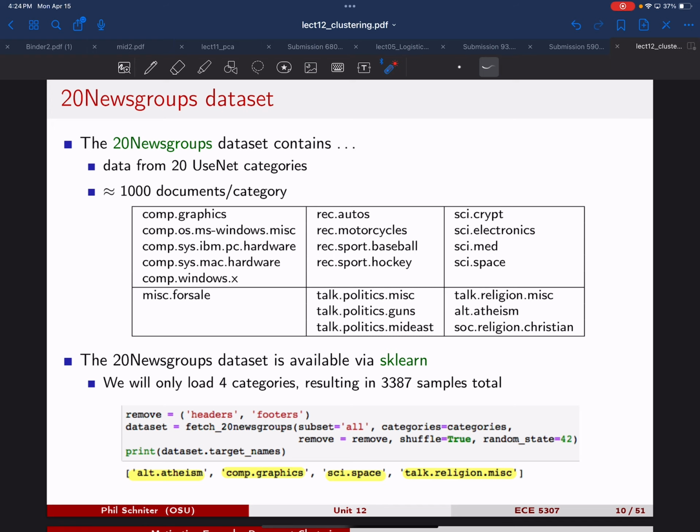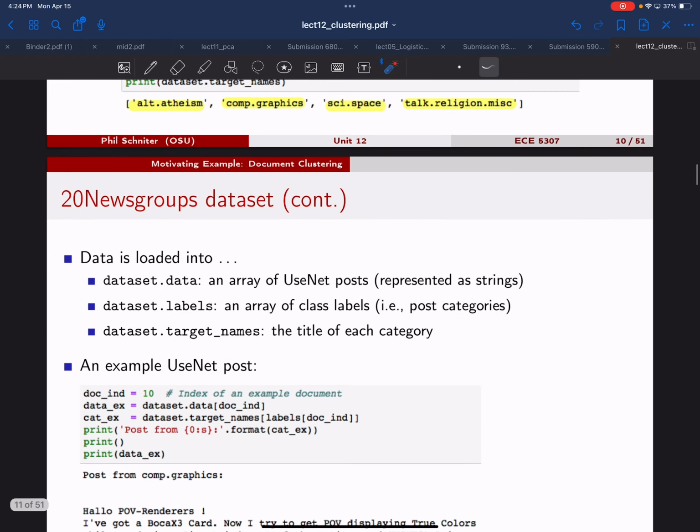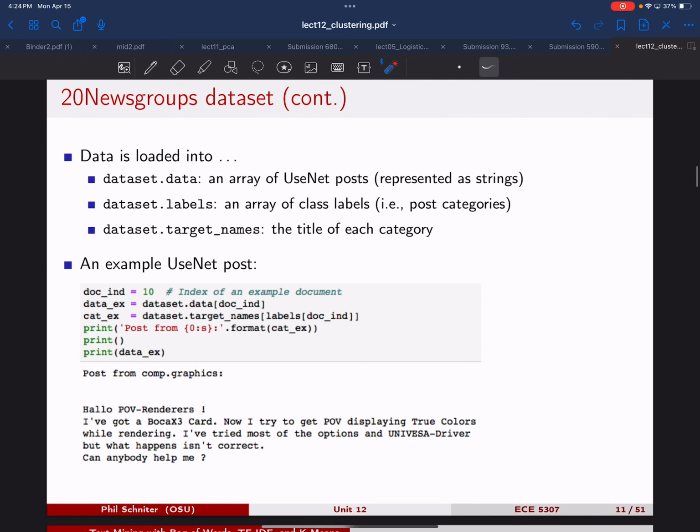So we'll see. Okay, so in terms of how the data is loaded, there's this dataset object. There's a data field, which contains an array of strings that are the posts. And then there's also a labels field that is the categories of the posts. So it's kind of like the targets, if you will, that we're trying to recreate without knowing what they are. And then also the titles of those categories.